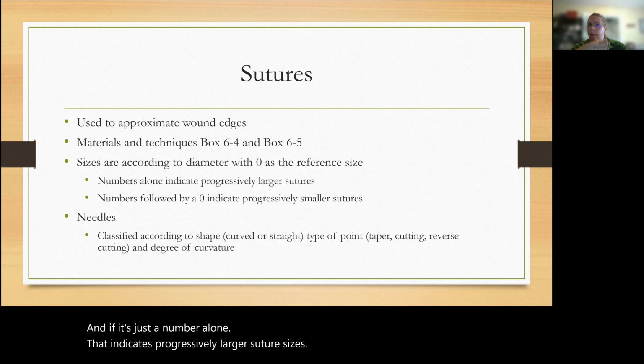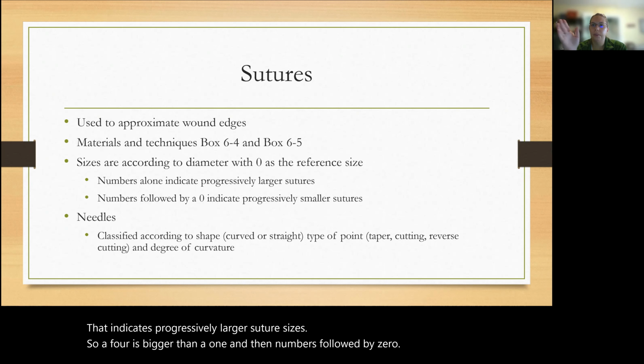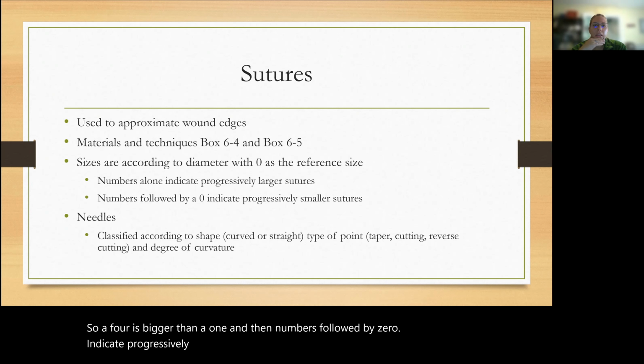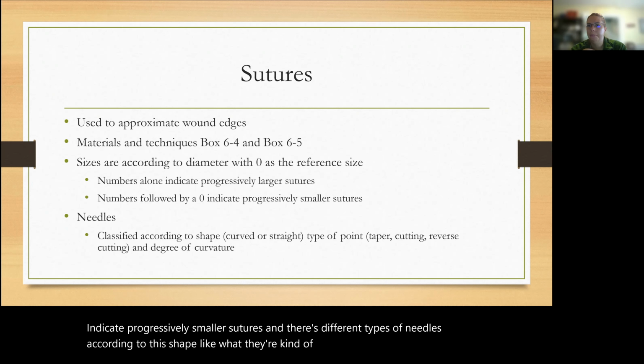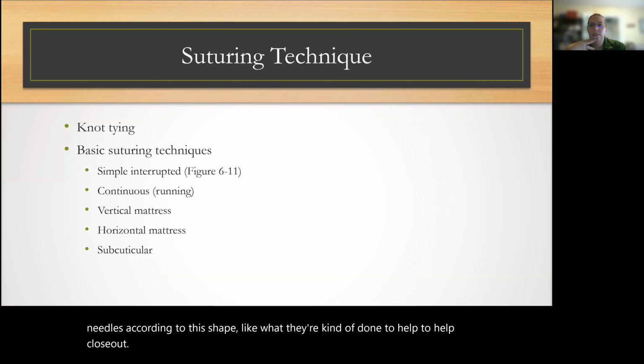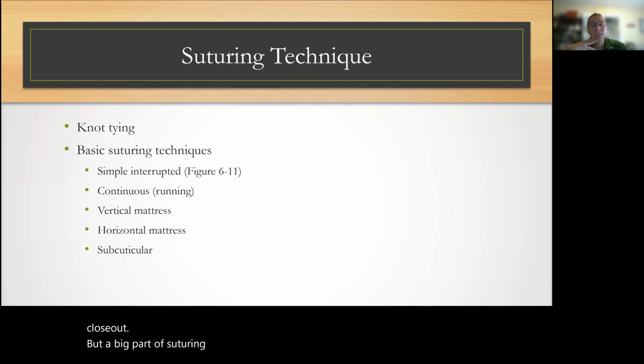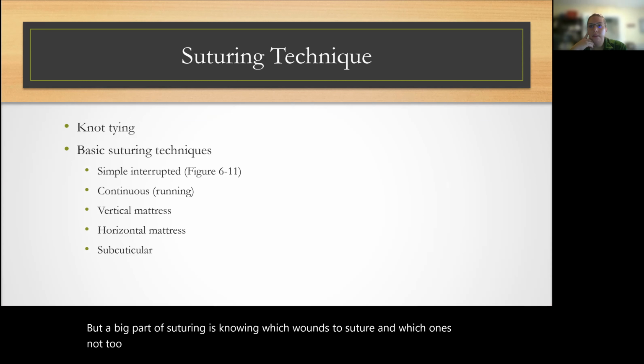So a 4 is bigger than a 1, and numbers followed by a 0 indicate progressively smaller sutures. And then there's different types of needles according to the shape. But a big part of suturing is knowing which wounds to suture and which ones not to. And it's also within a certain length of time that you can suture.